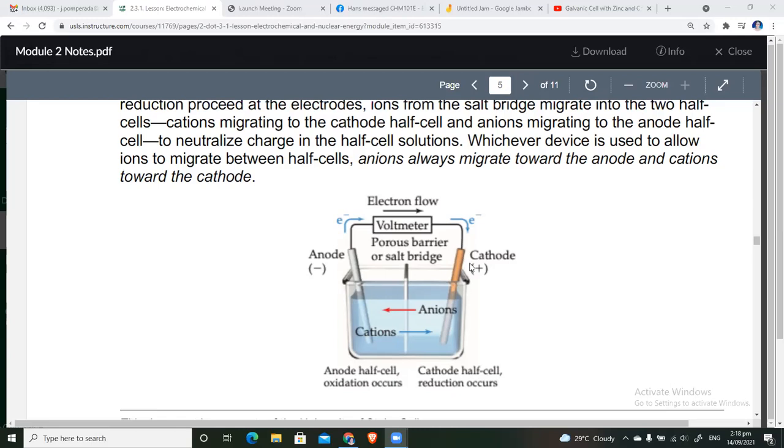So as you could see in here, in our galvanic cell or in our voltaic cell, you have some form of a voltmeter here that measures the electrical potential, which we'll be talking about in a little while, existing between these two electrodes that produce the electrical energy that will be utilized in whatever form it is needed for.